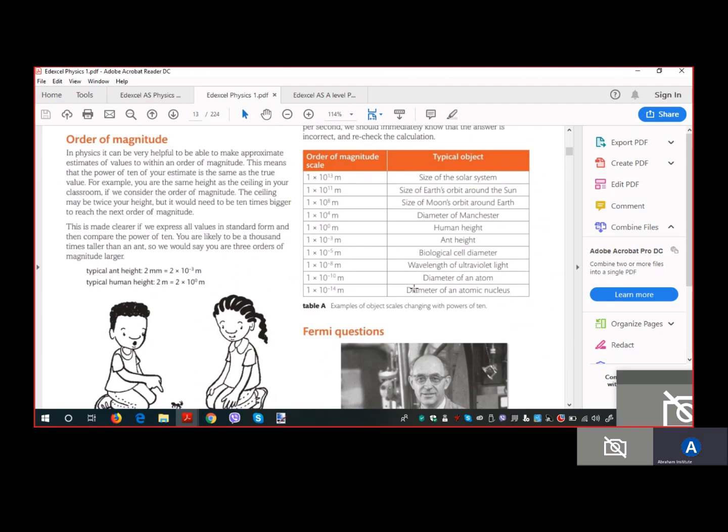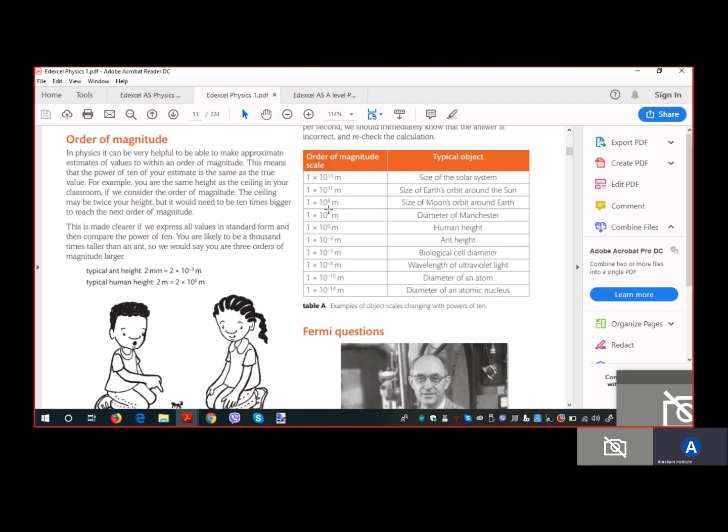Okay. So atom, the diameter of the atom. Diameter of an atomic nucleus. Can you see how small? Then diameter of Manchester in the United Kingdom. Have you been to the UK? No, sir. Then the size of the moon's orbit around Earth. That is the radius of the moon's orbit, the distance from the center of the Earth to the center of the moon.